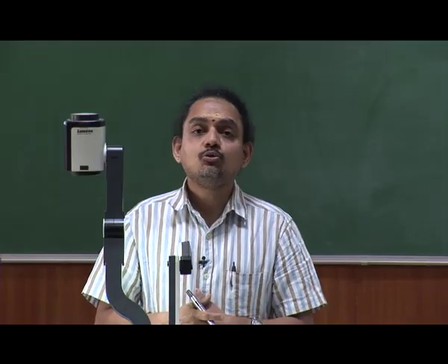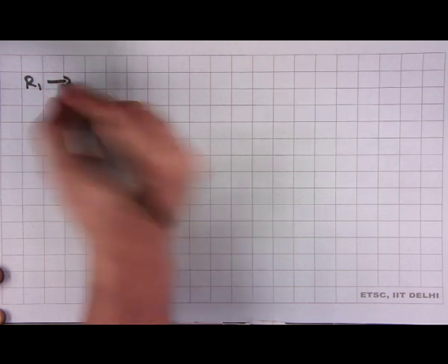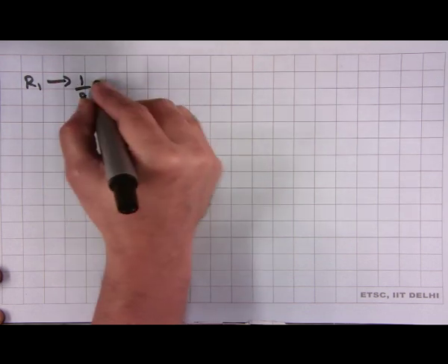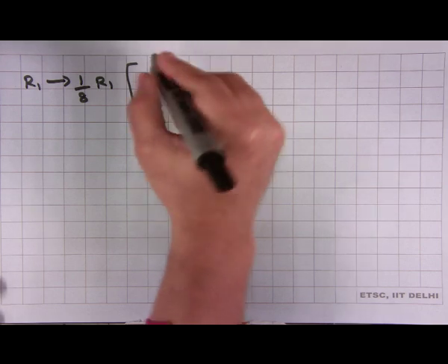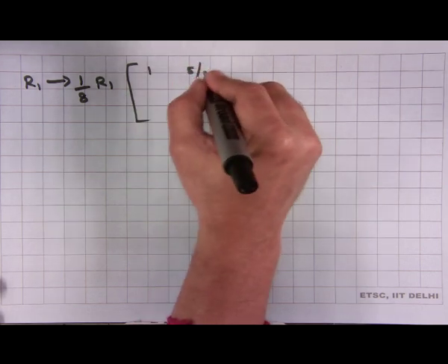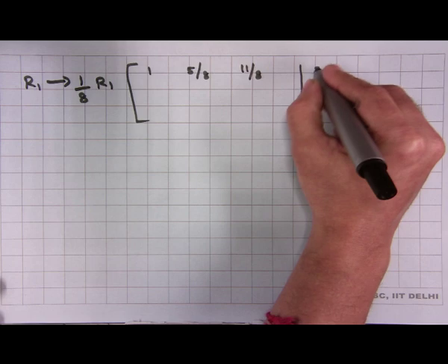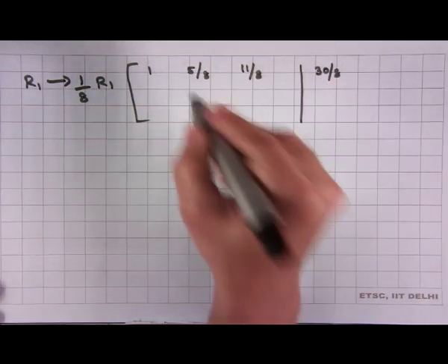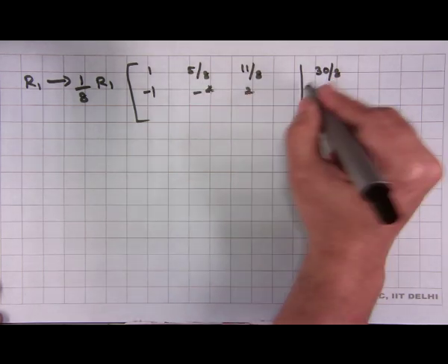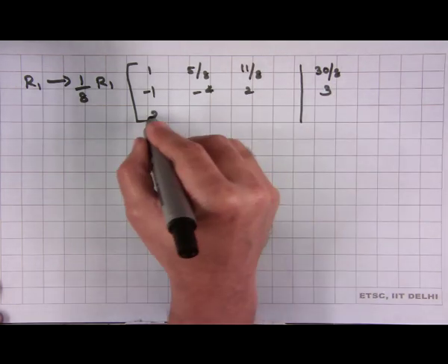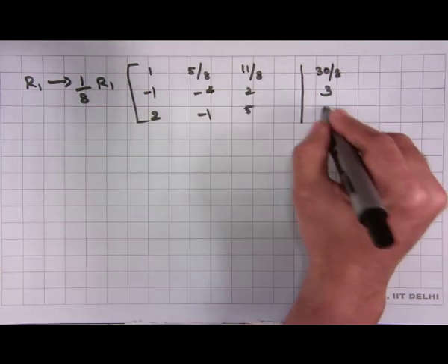So, as usual, there are no 0 rows. Let us convert the first one: R1 is replaced by 1 by 8 times R1. What we will have is 1, 5 by 8, 11 by 8, 30 by 8. The other rows are unchanged: minus 1, minus 4, 2, 3, and 2, minus 1, 5 and 12.